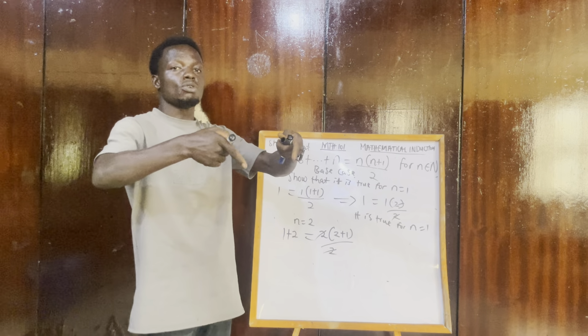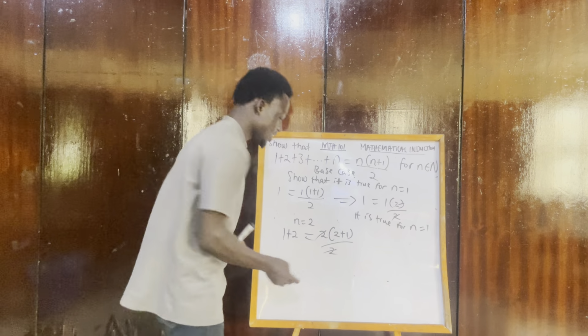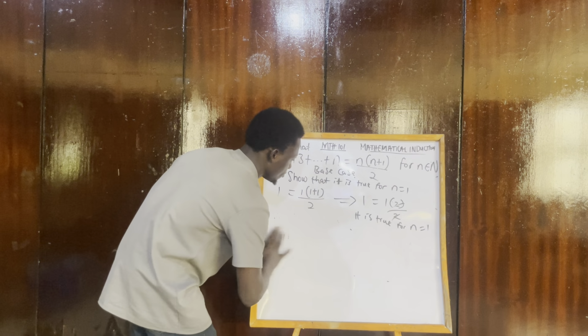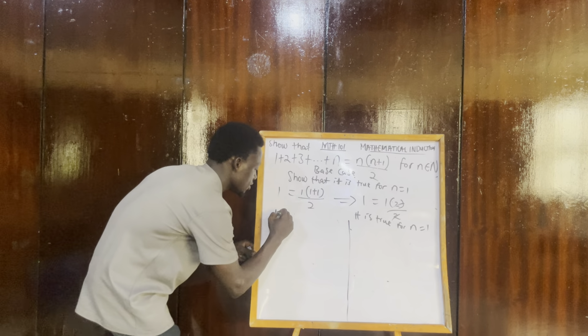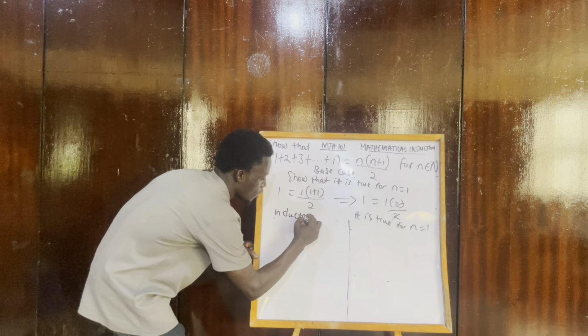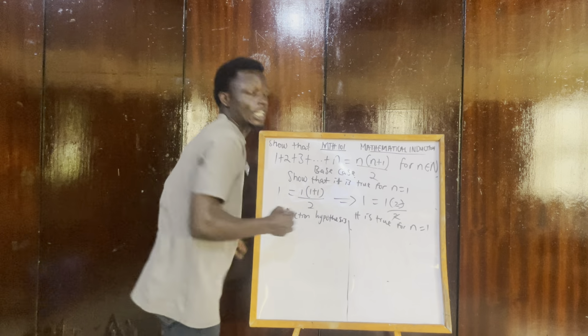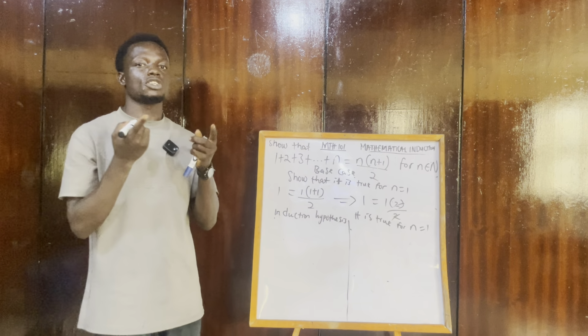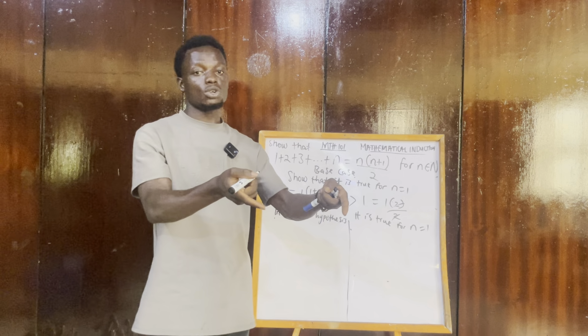But how can we conclude that it's actually true for all natural numbers? That's where the induction hypothesis comes in. Why do we call it a hypothesis? Because it's an assumption. We are going to assume that this statement is true when our n is equal to k.